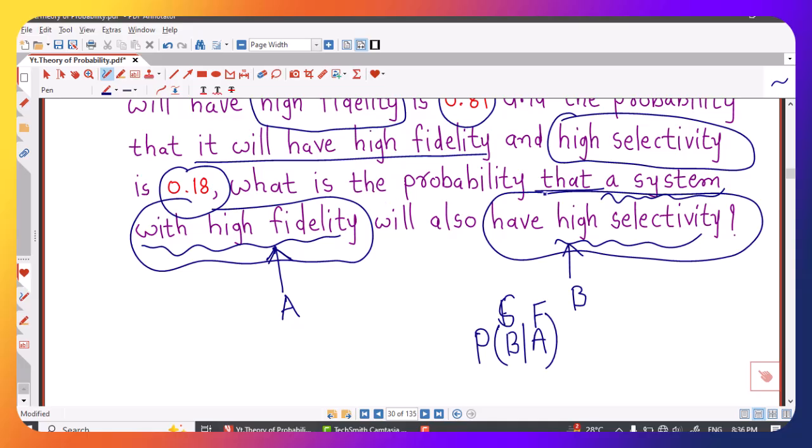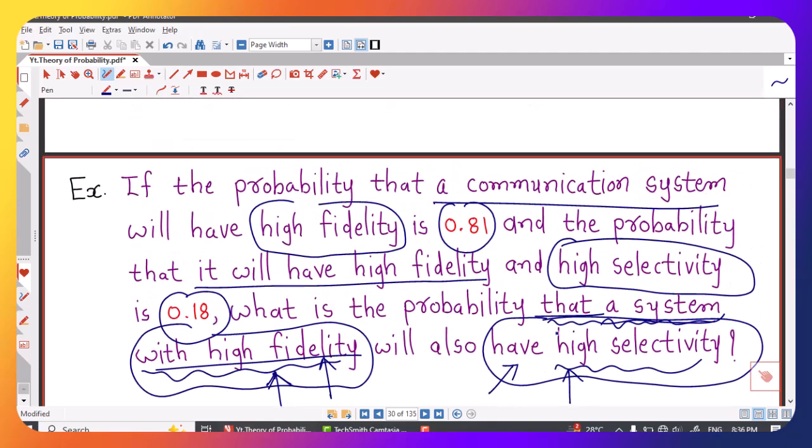You can see from this line that it is given that the system has high fidelity, therefore we write A here, and we have to find the probability that the system will have high selectivity, that is, the probability of B given A. And what is given?